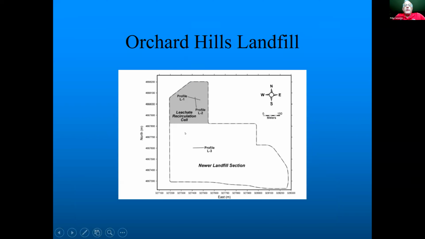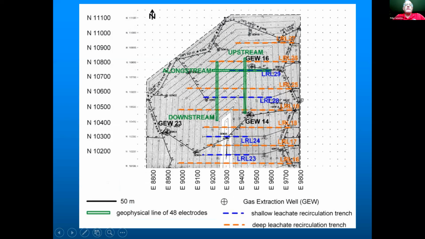There were numerous parts of the landfill here that we looked at. This part of the landfill was a leachate recirculation area in the northern portion here. And we did some profiles on the older part of the landfill as well. So here's a nice picture of it, a contour map, lots of details here.